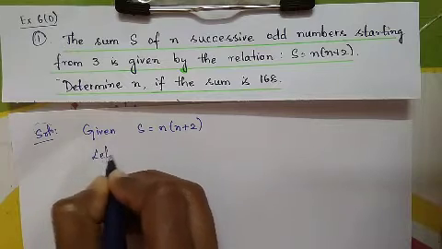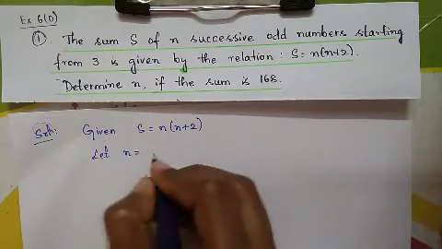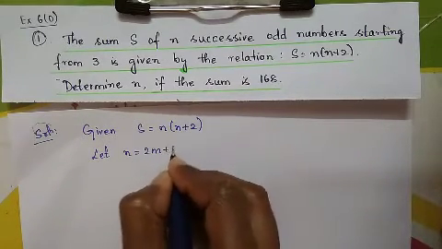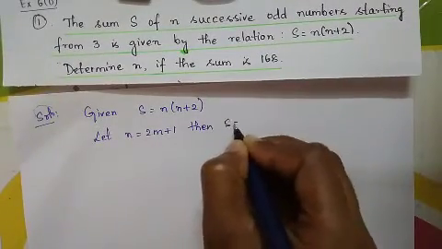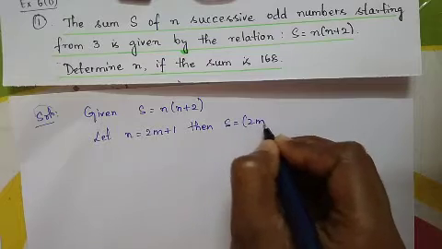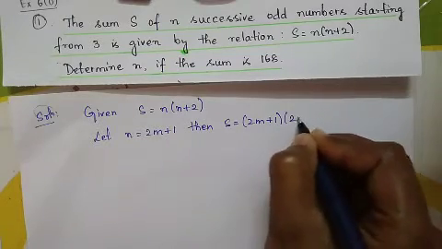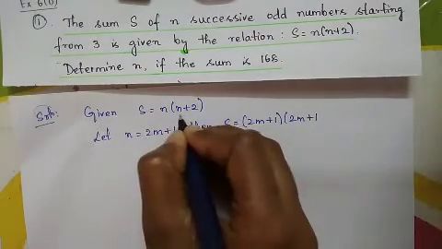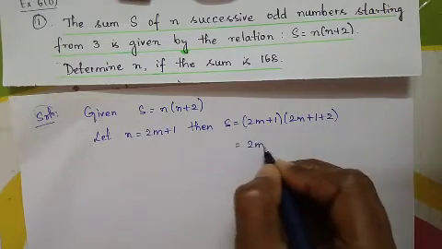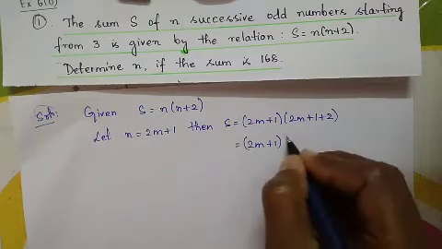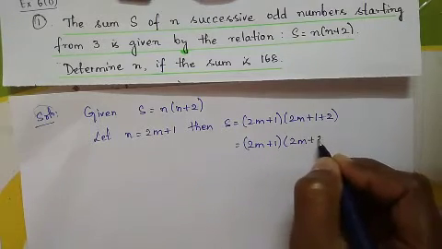Let us take n as 2m plus 1. Then S will be 2m plus 1 into 2m plus 1 for this n, plus 2. That is equal to 2m plus 1 into 2m plus 3.